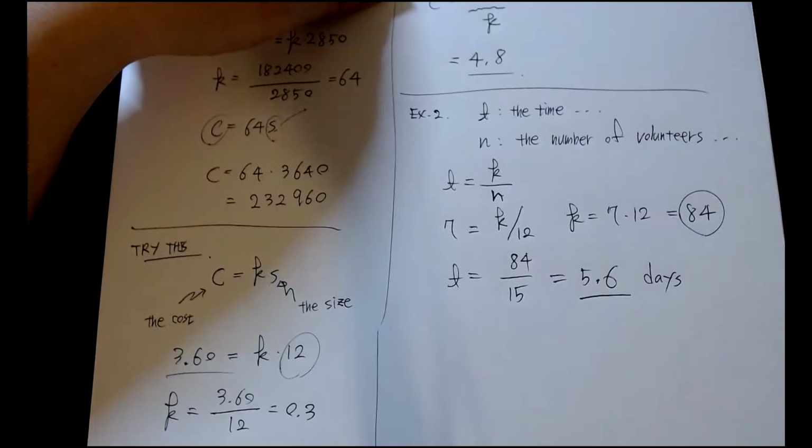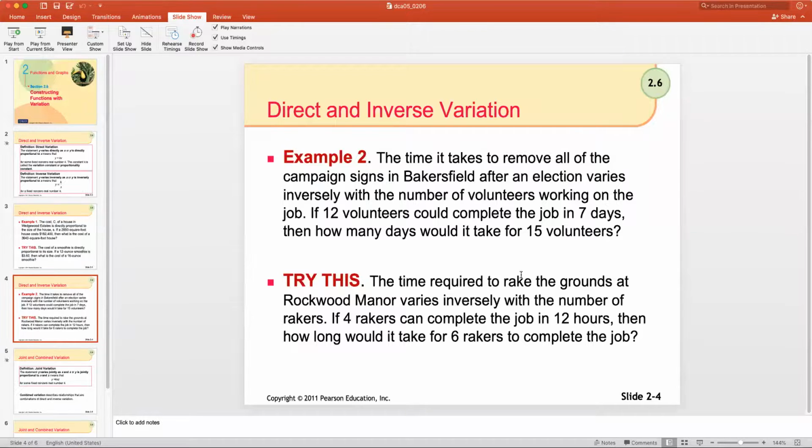Now let's try these problems. The time required to rake the ground at Rockwood Manor varies inversely with the number of rakers. If 4 rakers can complete the job in 12 hours, then how long would it take for 6 rakers to complete the job?